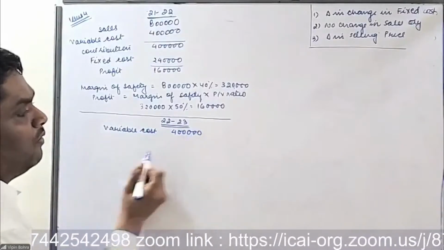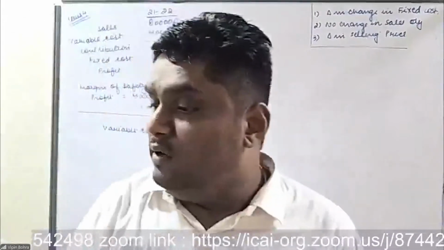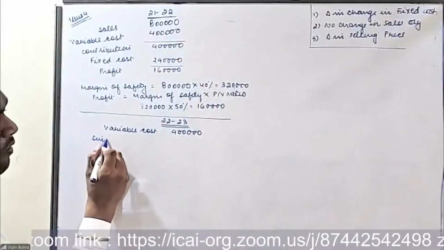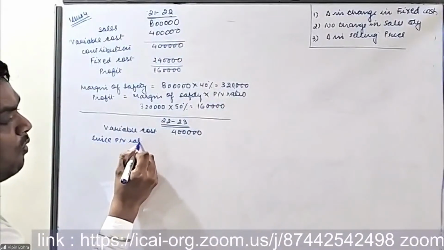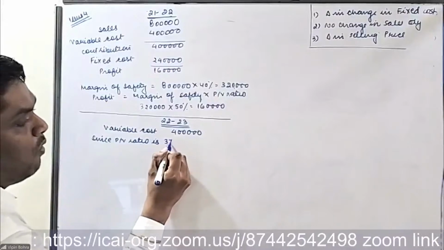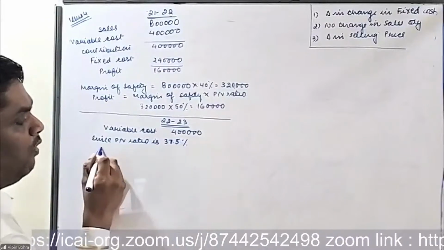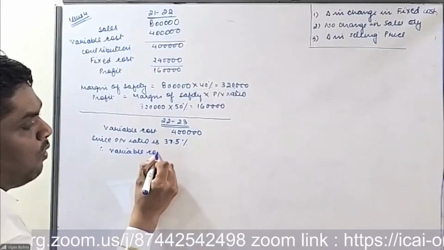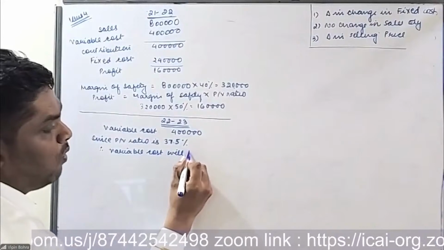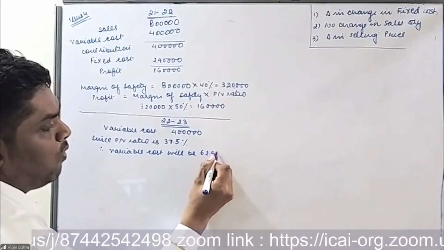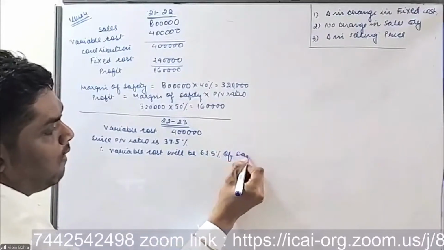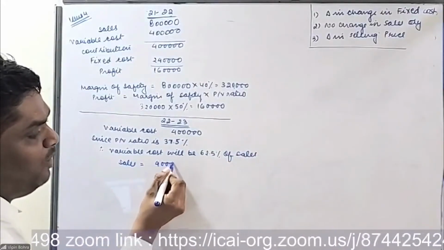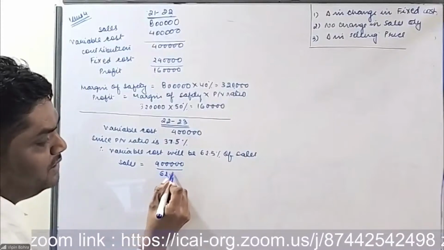₹4 lakh. Since PV ratio is given in the question, that is 37.5%, therefore the variable cost will be 62.5% of the sales. So sales will be 4 lakh divided by 62.5%.